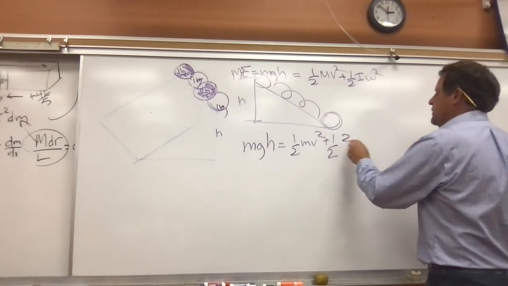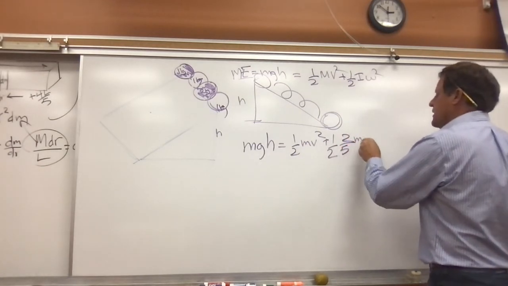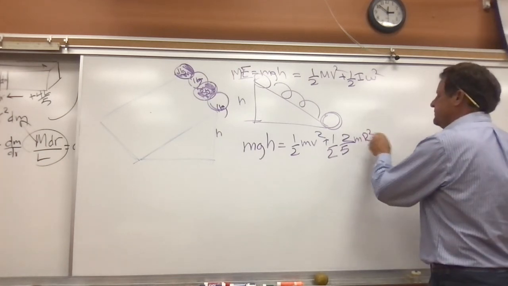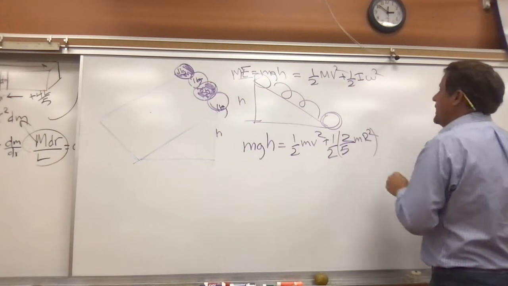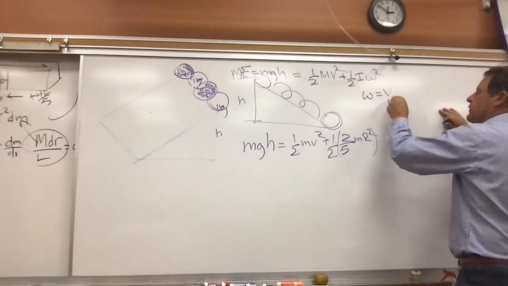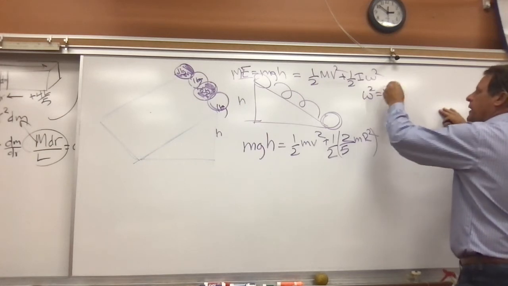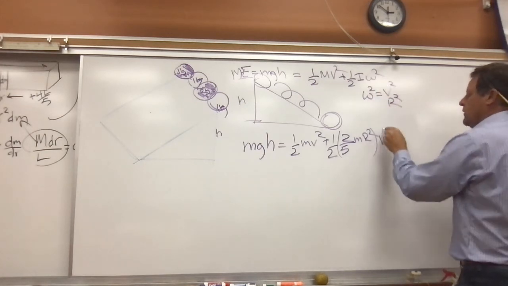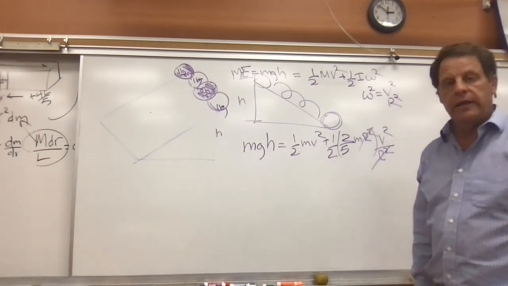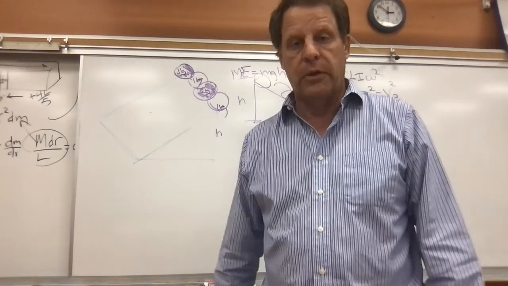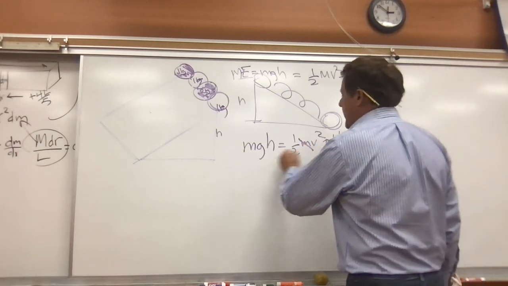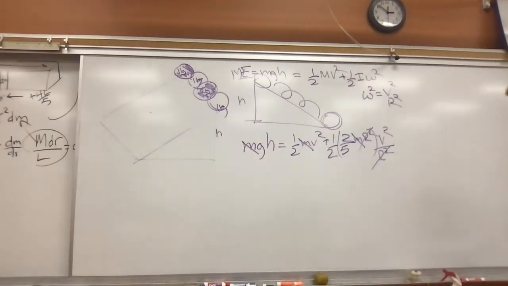And remember, omega is equal to v over r, so omega squared would be v squared over r squared. Now we can see that our radius disappears, and our mass is going to cancel out.